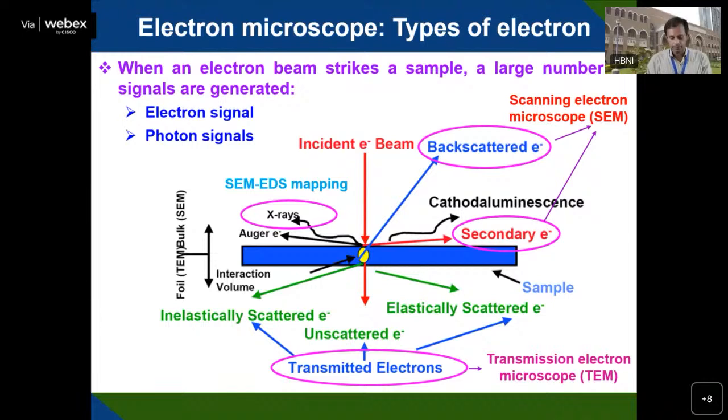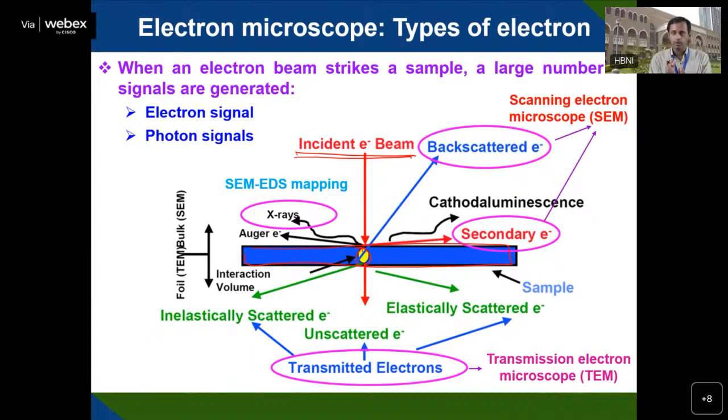Coming to the electron microscope, it mainly depends upon the interaction of the electron beam with the specimen. As I have already discussed, when the electron beam comes and falls on a particular substrate, you have an interaction volume.